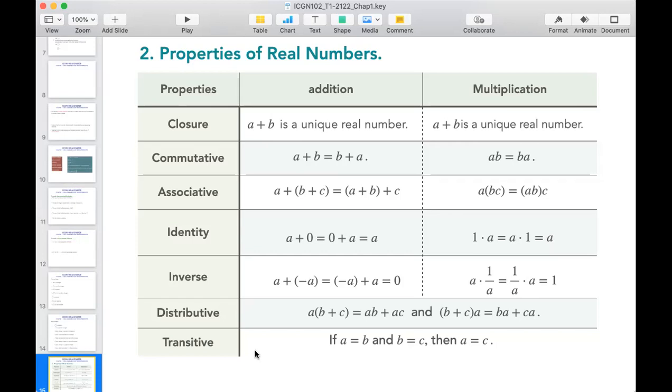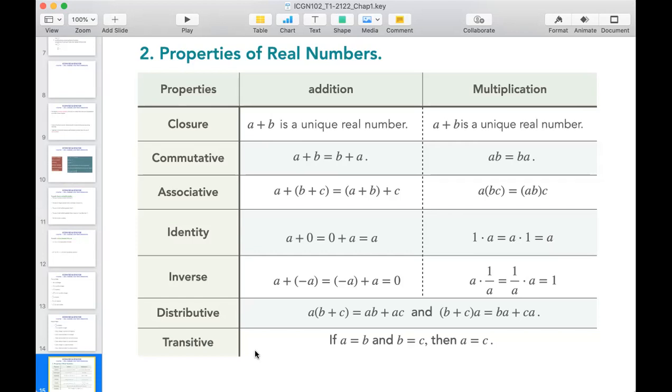The order doesn't matter for real number operations. So 2 plus 3 equals 3 plus 2, which is 5. 4 times 5 equals 5 times 4. The order doesn't matter.